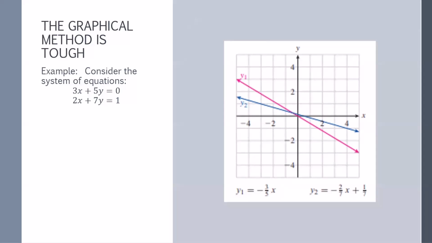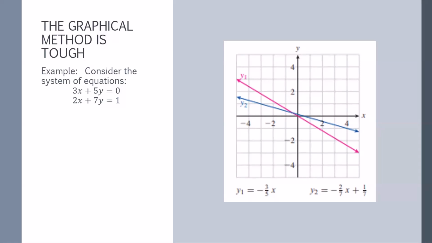One issue that we face with the graphical method is that it's difficult to actually find the intersection point if the two equations don't have a clear integer solution. So consider the system of equations 3x plus 5y equals 0 and 2x plus 7y equals 1. We see them graphed here. And we can see that the solution is kind of around x equals 0, maybe a little bit smaller than that, but we can't say for sure what it is.